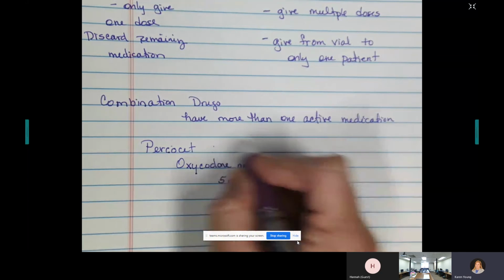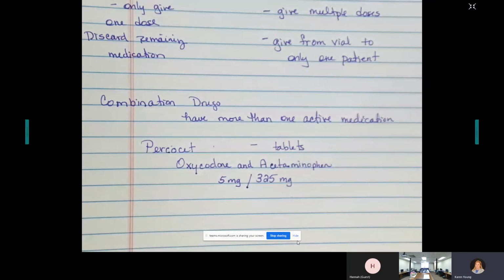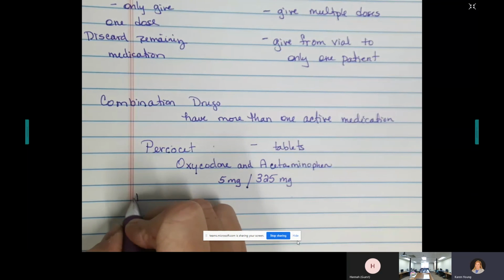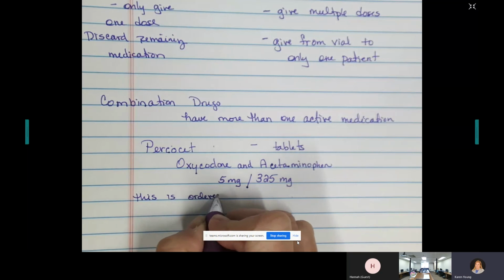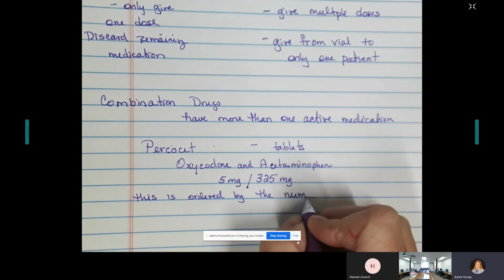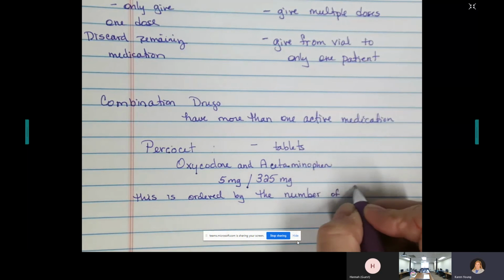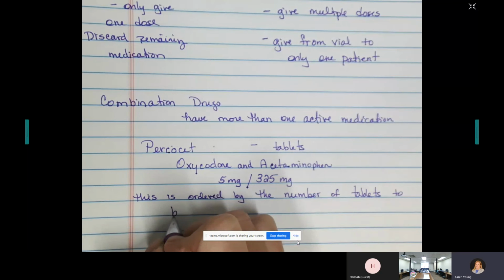Percocet's generally tablets, so that's per tablet. The doctor will order by the number of tablets to be given.